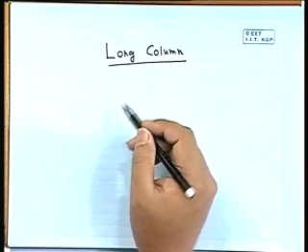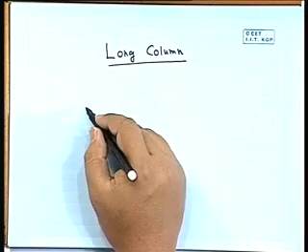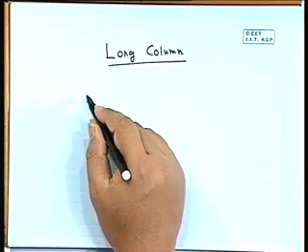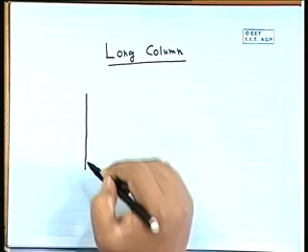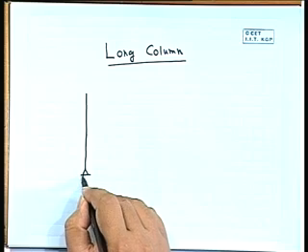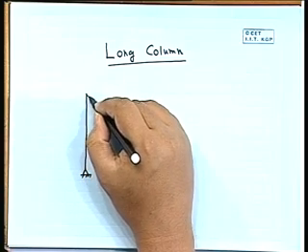Now, if we draw the diagram, what we drew in the last class, say there is a column like this, both ends supported.